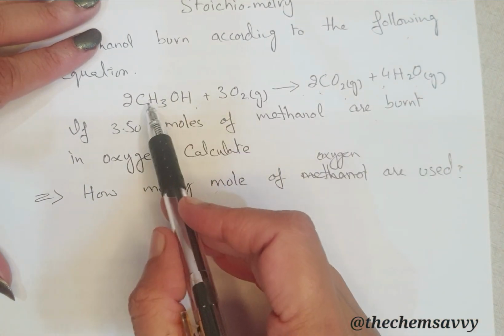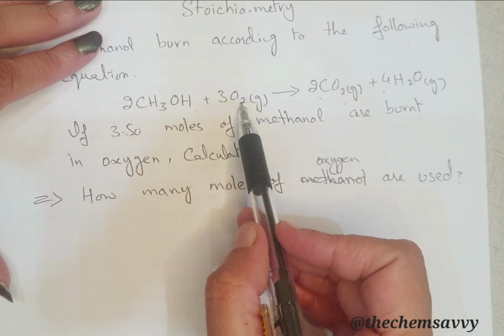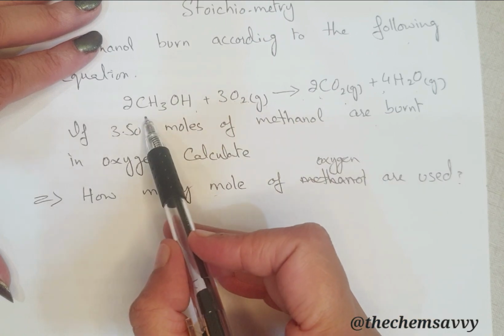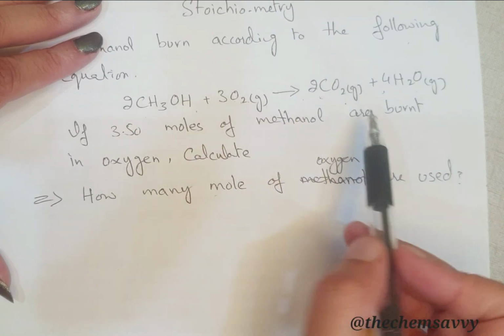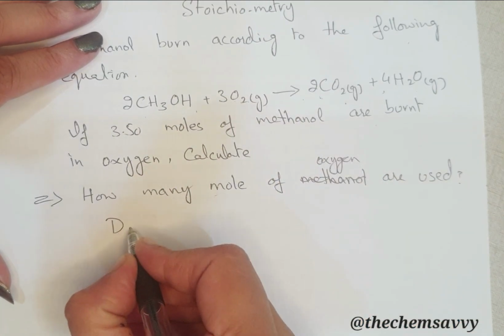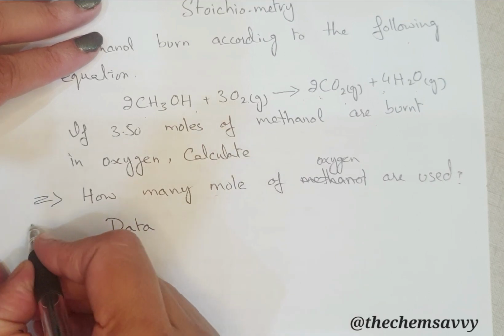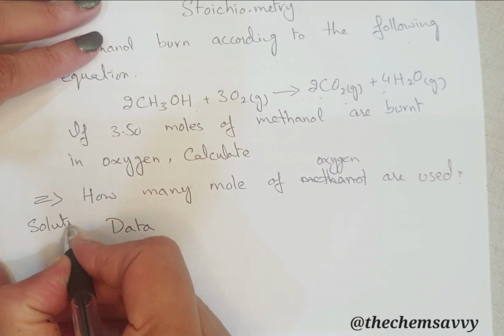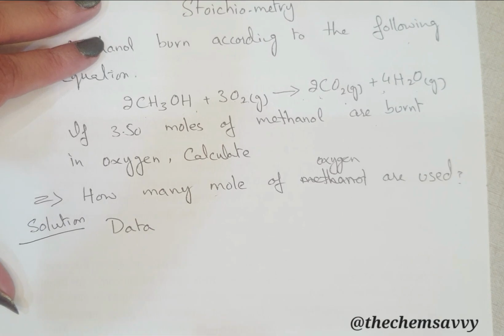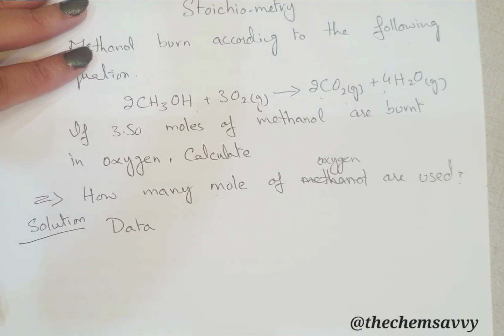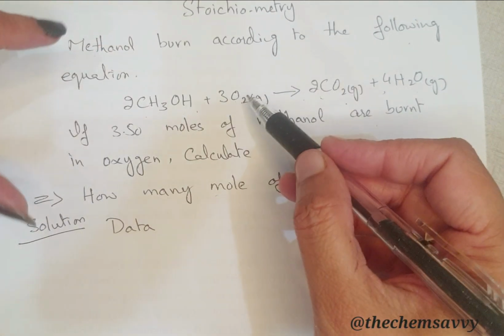As we know that we have to calculate the number of moles of oxygen and the number of moles of methanol is given. So we can write it down in the form of data in the solution. First of all, we write down the data known to us and the data which we can find out according to the balanced chemical equation.